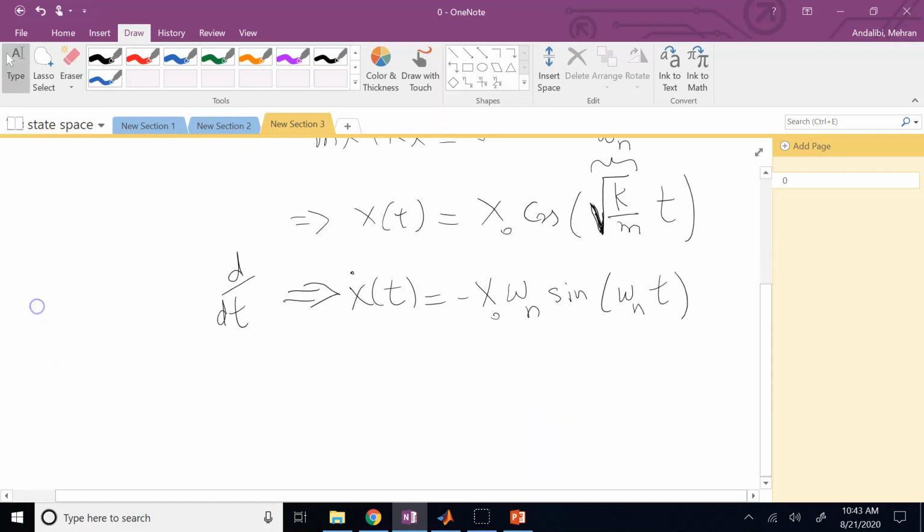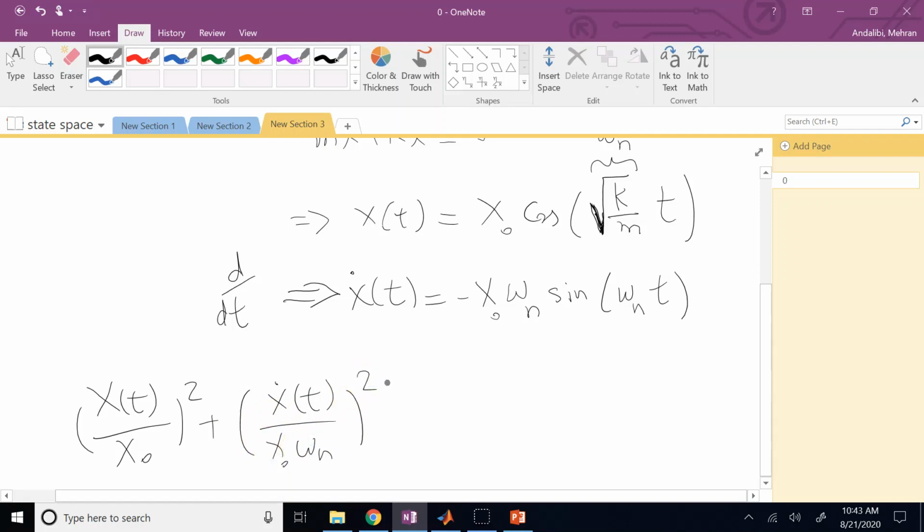Now, if I divide x of t by x naught and square it, and then divide x dot of t by x naught times omega n and square it, this is going to be cosine squared of omega n t plus negative sine of omega n t, the whole thing squared, which clearly is going to be 1.